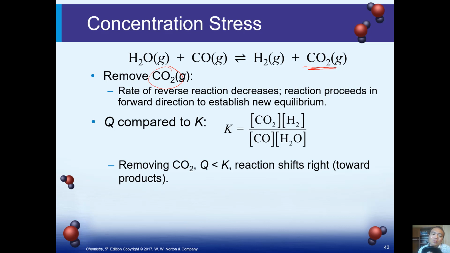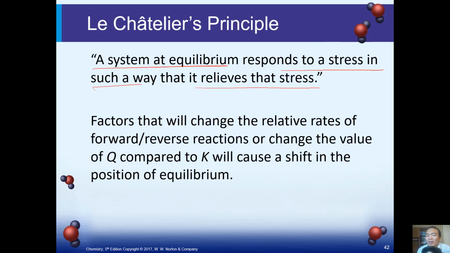But you can also analyze it by comparing Q to K, because if you remove the products, that means your Q, which includes the current concentration with less CO2, Q will be smaller than K. So this also tells you the reaction shifts to the right side. But what Le Châtelier's principle tells you is we don't have to do this analysis. We simply know, hey, if you add one thing, I'm going to shift in the direction that will make this change to a lesser degree.